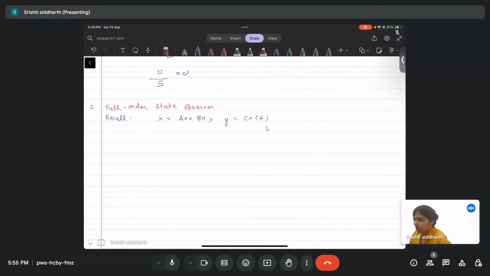Let's say that we have an estimator which estimates a model.